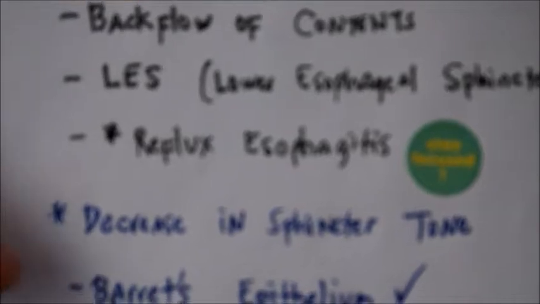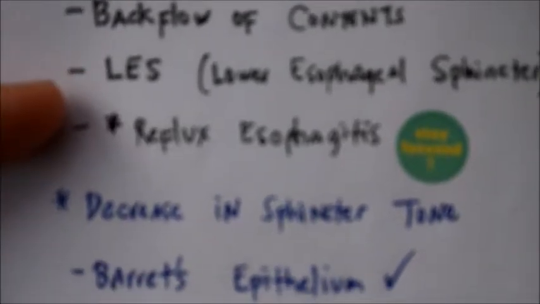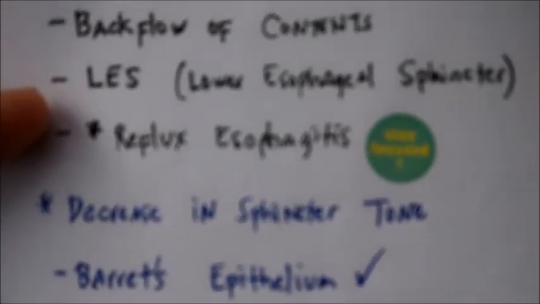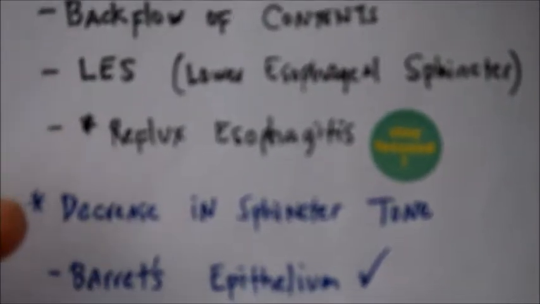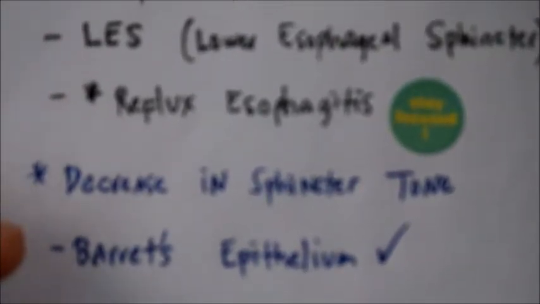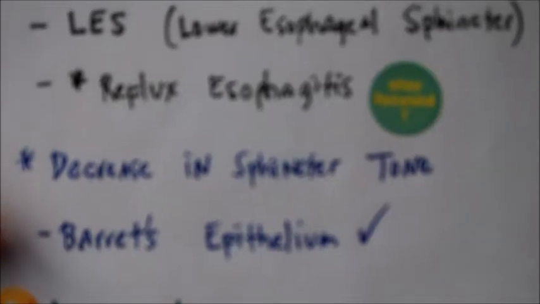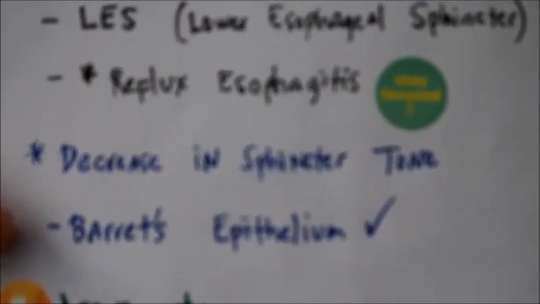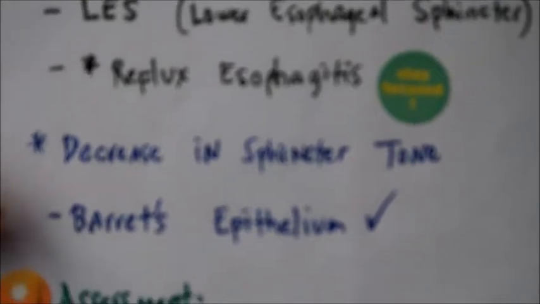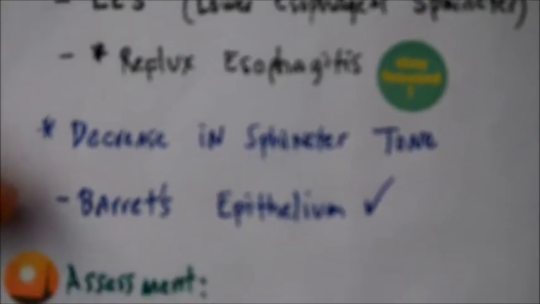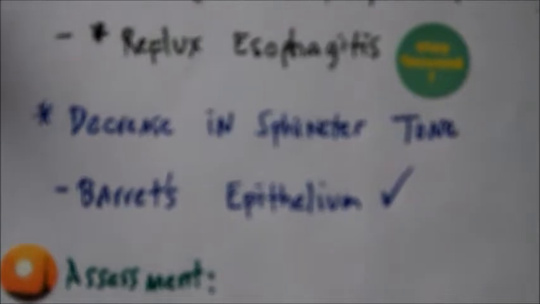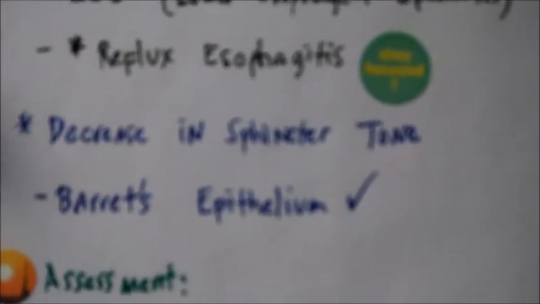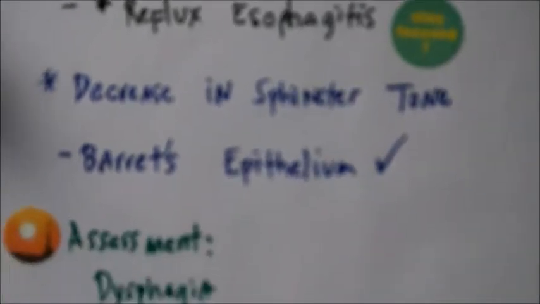One of the hallmarks of GERD is what we call reflux esophagitis, right? And understand that in a patient with GERD, there's a decreased sphincter tone on the LES, and the patient can also develop what we call Barrett's epithelium, okay? And Barrett's epithelium is quite bad actually, because it causes a thickening and a damage of the lower part of the esophagus, and it's basically due to the repeated exposure of the stomach acid in the patient, okay?